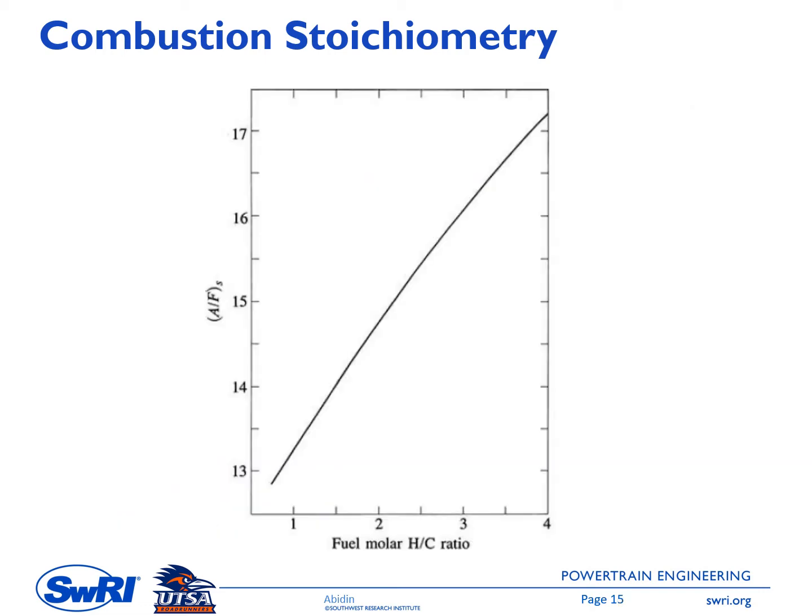And this is an example of the stoichiometric air-fuel ratio plot as a function of fuel molar HC ratio, actually it's Y. So the stoichiometric air-fuel ratio increases with HC ratio. Let's say somewhere here is when Y equals 1.